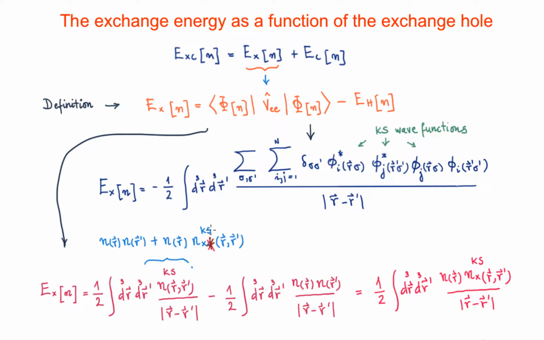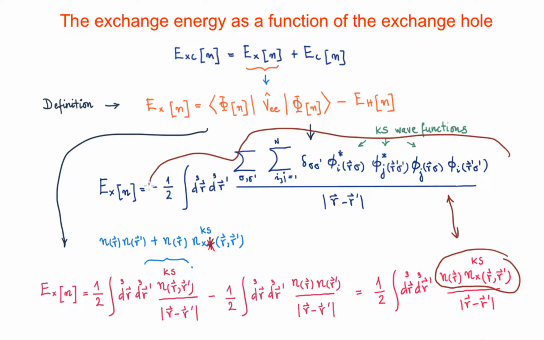So considering that, we could write the exchange energy functional in terms of the reduced exchange hole within the Kohn-Sham approximation. And if we compare both expressions, you can say therefore that the product of the density times the reduced exchange hole within the Kohn-Sham approximation is just basically this one with the minus sign here.